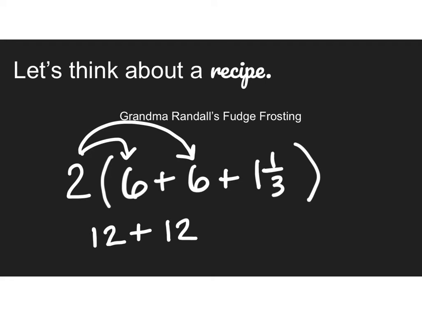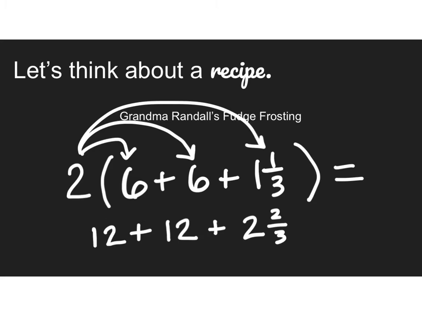I would need 12 tablespoons of milk, and I would also have to double the sugar. So 2 times 1 is 2, 2 times 1/3 is 2/3. Okay, these two things are equivalent expressions. 2 times the quantity 6 plus 6 plus 1 1/3 is the same as 12 plus 12 plus 2 1/3.